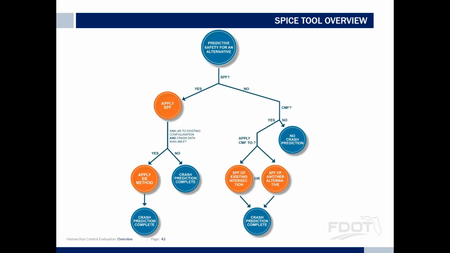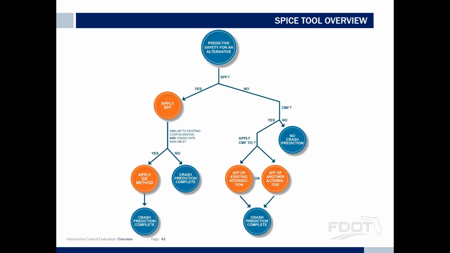Here's a flow chart of the process of how we developed the SPICE tool. It's going to be using predictive safety for alternatives, and whether you have an SPF or not. If you have an SPF, you apply the SPF, and based on either the existing or future condition, if it's similar to the existing configuration and crash data is available, you go to the EB method. If you know what the EB method is, you're going to get expected crashes, not predicted crashes.